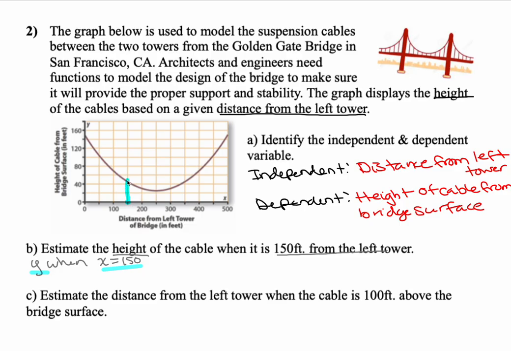I have intersected the function, so then I come over to the y-axis, and I can see that on that y value, it's between 40 and 60, because it is counting by 20s over here. It's between 40 and 60, so maybe around 50. So we're going to go with roughly 50 feet above the bridge surface.